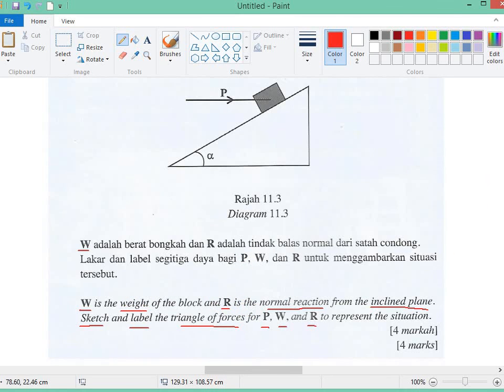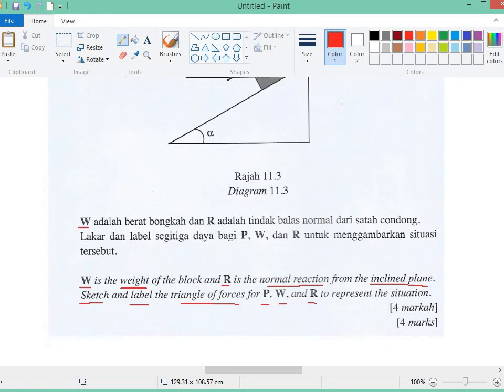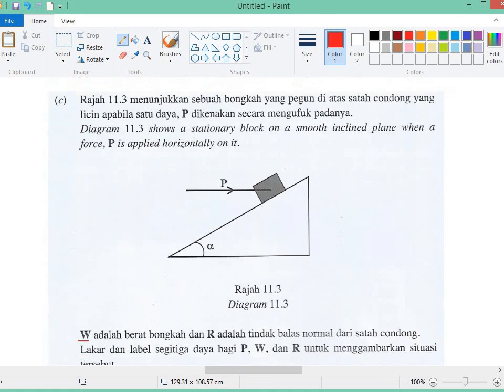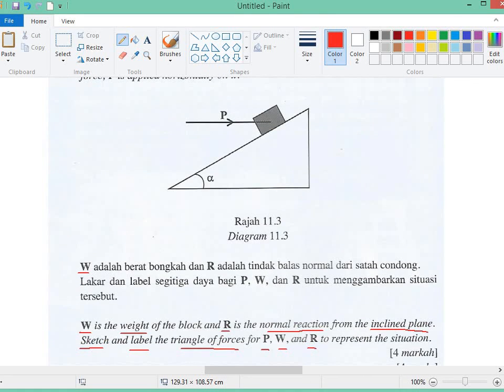P is this force. They want us to sketch only, so you don't need to actually draw the triangle of forces. You don't need to measure using a protractor, and the question also doesn't give us the value of the angle, so even if you wanted to draw accurately, you cannot.